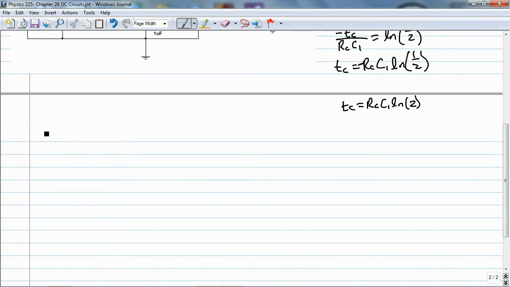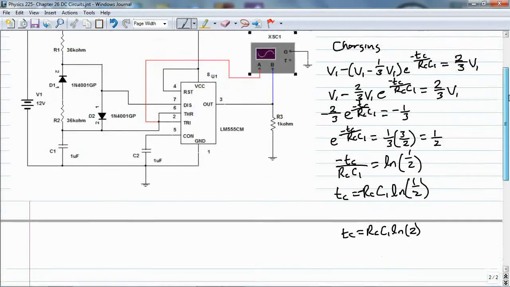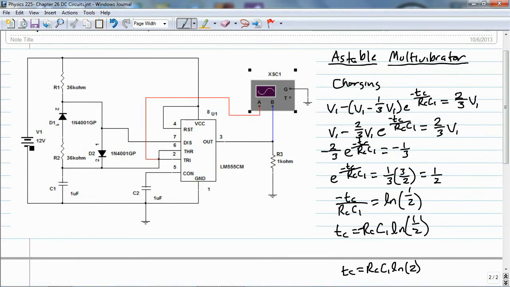Now let's look at discharging. In this case, I don't have a potential that would be affecting the discharge.